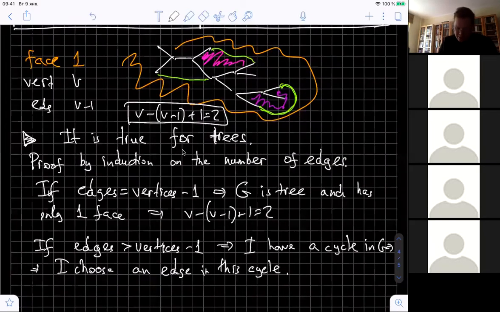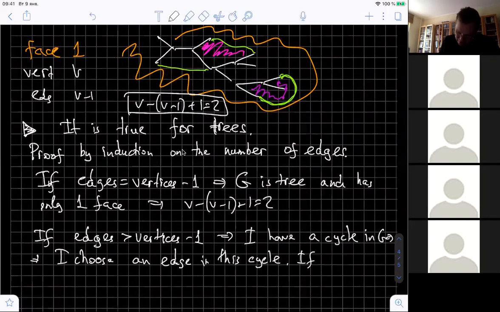So this will be the edge called A, for example.